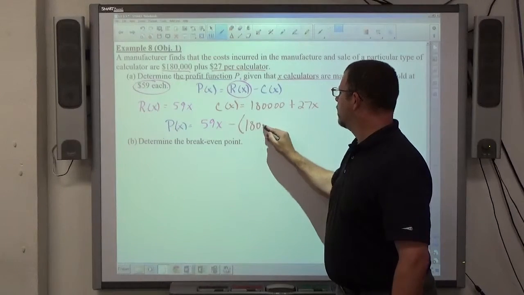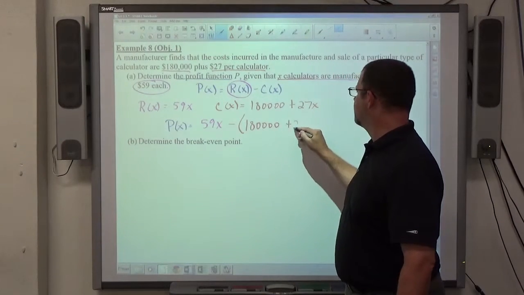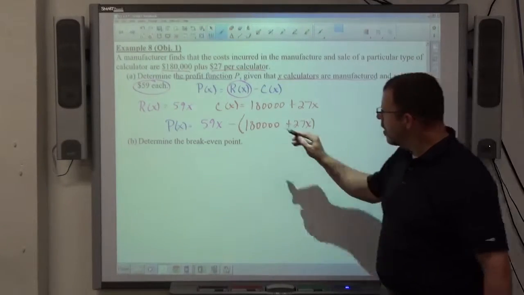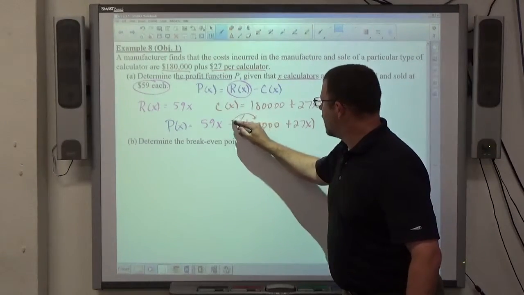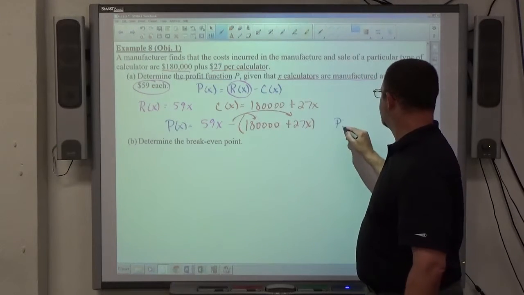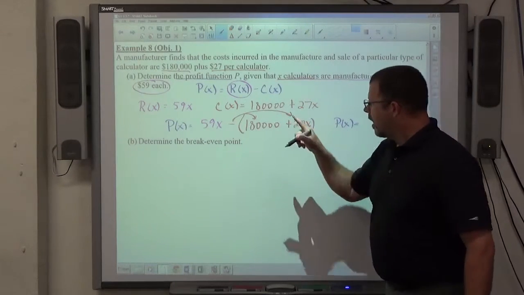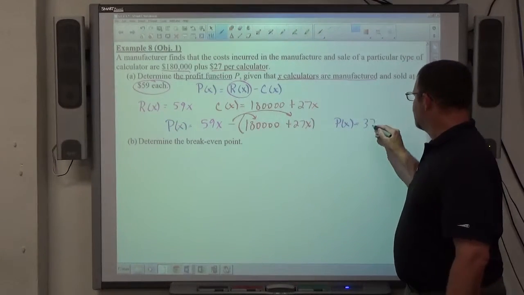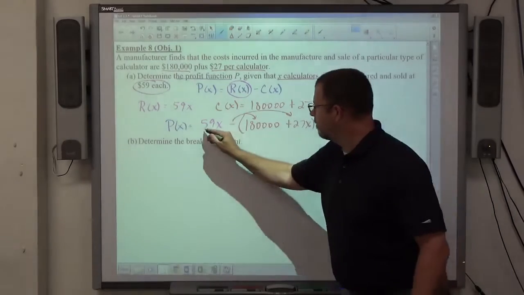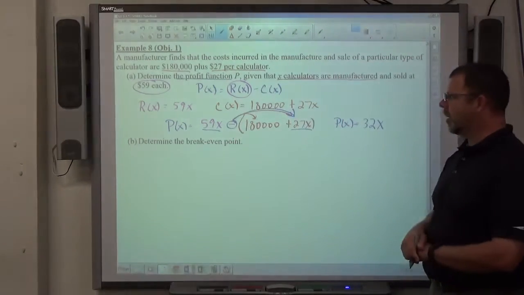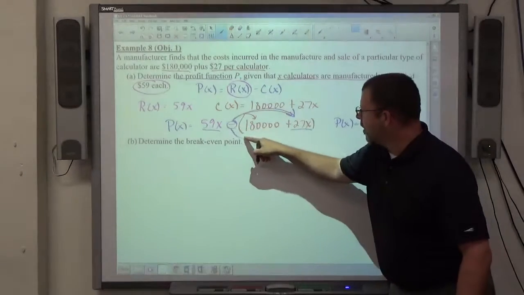Make sure you put the cost function in parentheses when you subtract to ensure that subtraction distributes through. So minus 180,000 and minus 27X is going to get me an ending profit function of 59X minus 27X, which is 32X, and then minus 180,000.